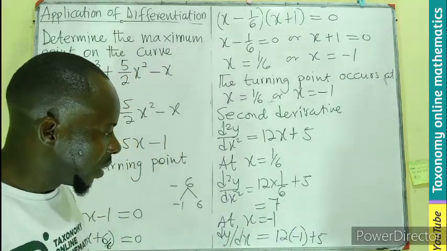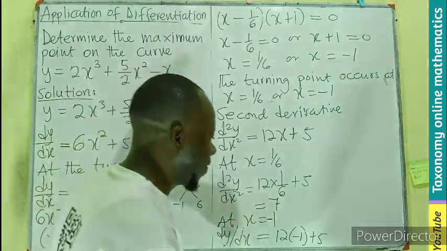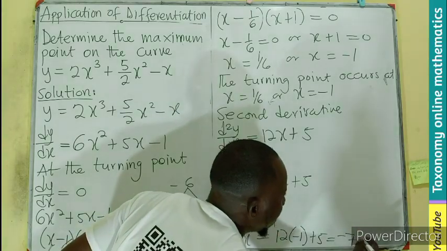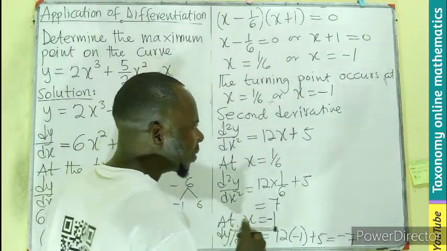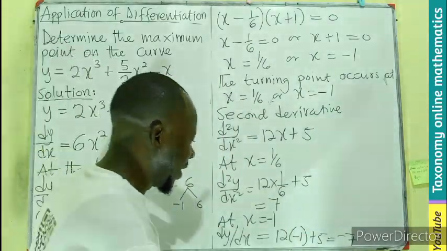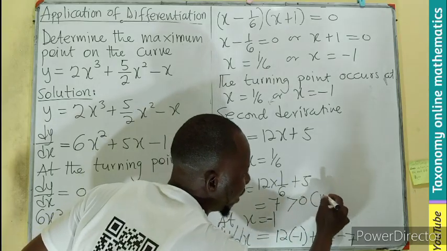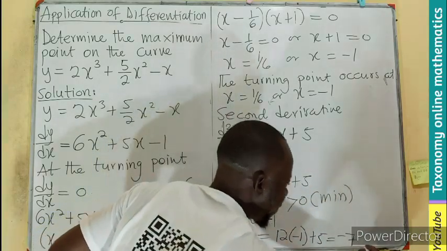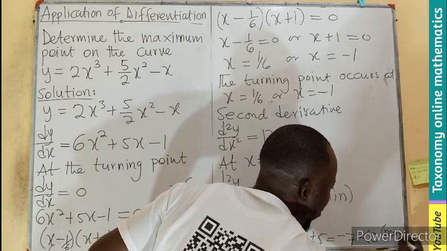And I believe this will be minus 12 plus 5, which gives us a negative 7. Let's see if that's the case. Here, this is more than 0, so we call it the minimum point. This is less than 0, so we call it the maximum point.